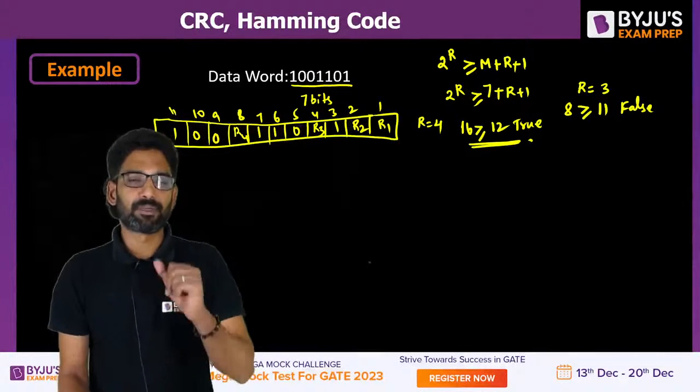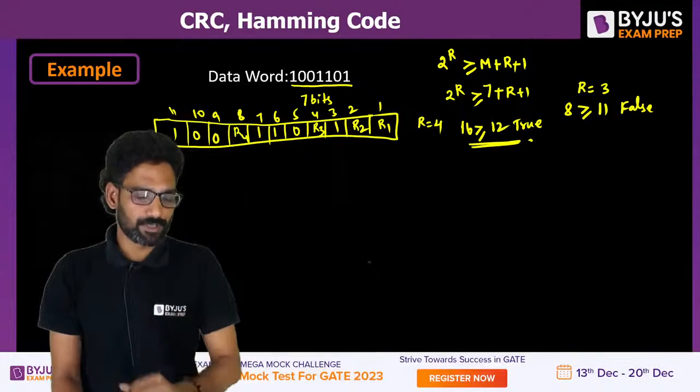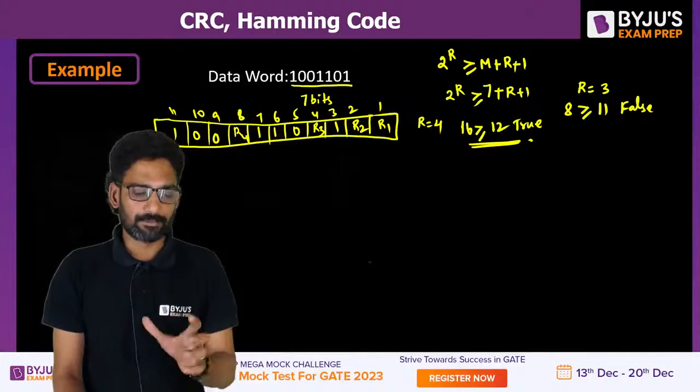I'll give you one simple method, guys. How many positions do we have in total? 11.